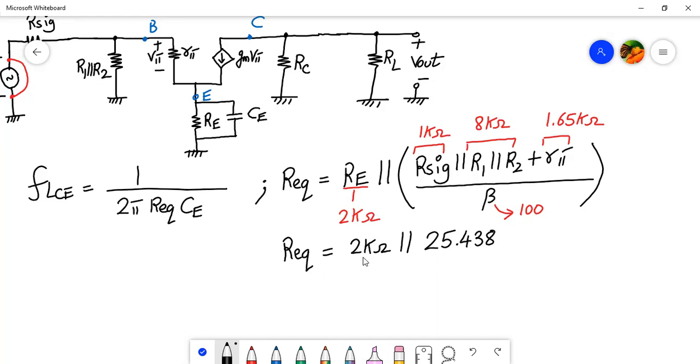So we know that a larger resistor parallel to a lower resistance, R equivalent will be smaller than the lower resistance. So R equivalent is coming out to be 25.118.